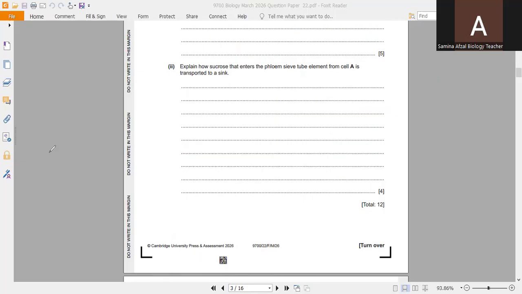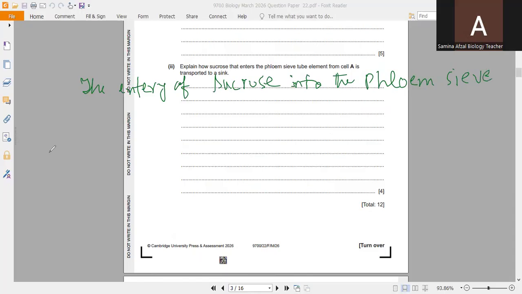In this way, sucrose enters the phloem sieve tube elements from cell A to a sink. So first of all, I would want to write this all: the entry of sucrose into the phloem sieve tube element lowers its water potential.